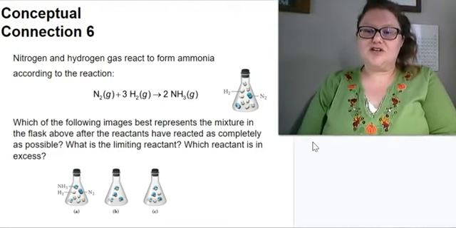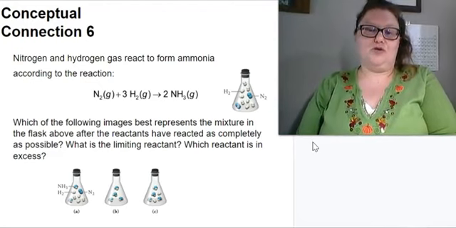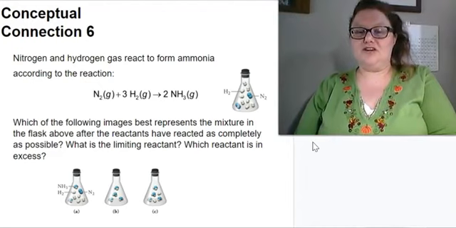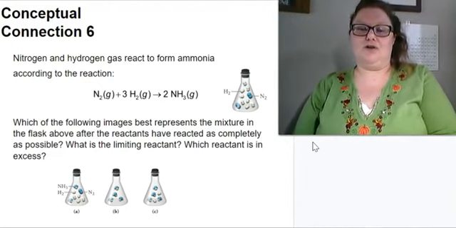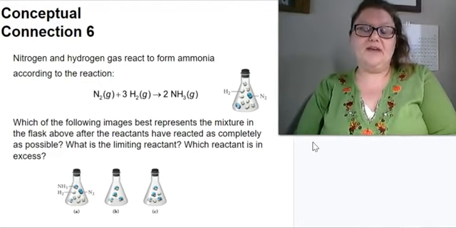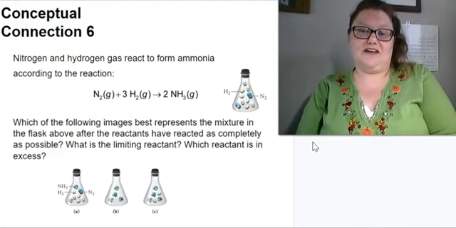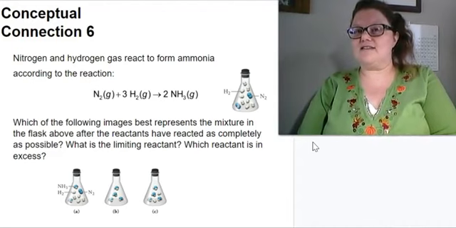So I see 2 nitrogen molecules in blue in that flask at the top. So I'm going to start with 2 nitrogen molecules, use the balanced equation, and calculate how much ammonia I will make from that. Then you want to do the same with the amount of hydrogen that you count in that top flask.